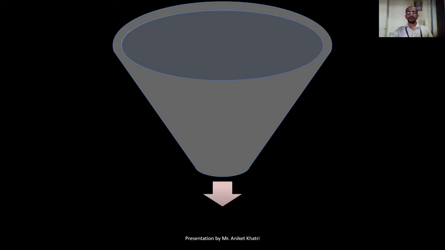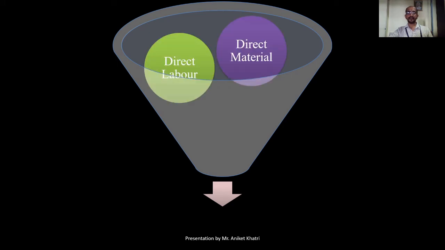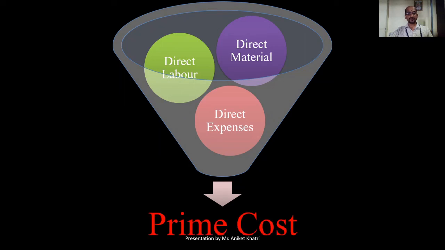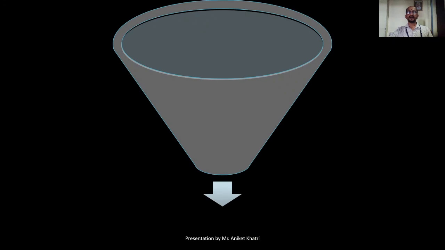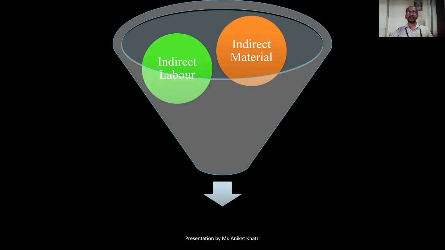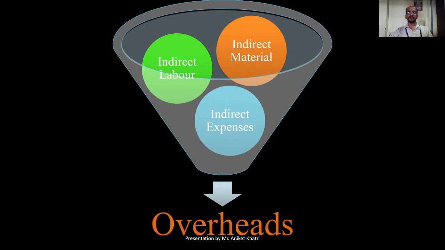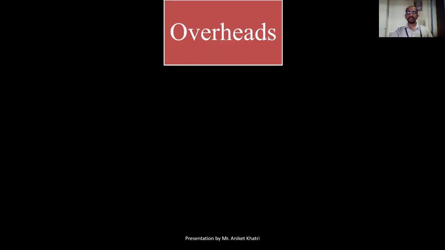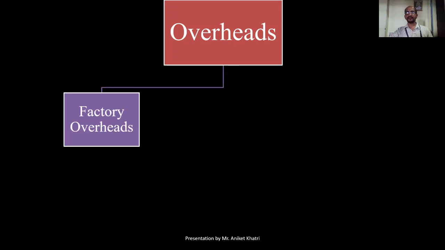So if we add together direct material, direct labor and direct expenditure, this will be our prime cost. And if we add the indirect material, indirect labor and indirect expenditure, this is known as overheads. These overheads are again classified into different subheads.